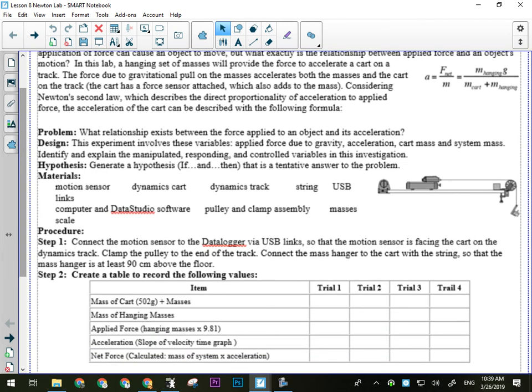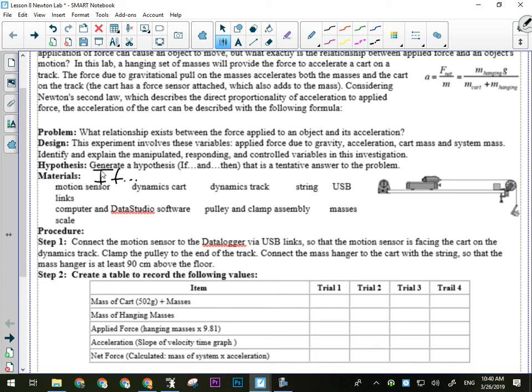All right, so for our hypothesis, we want an if, and, then statement. Since the premise here is Newton's second law, the if part should probably talk about Newton's second law. What does it say about the effect of a net force on the acceleration of a system? That's what the if part should say.